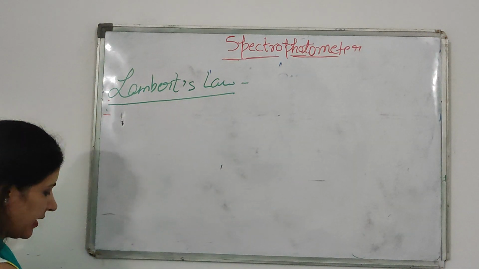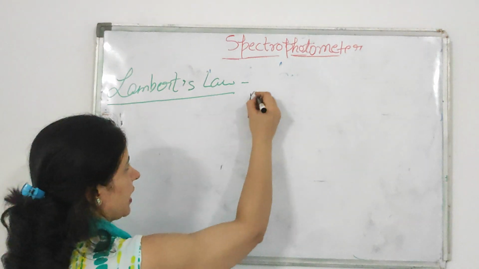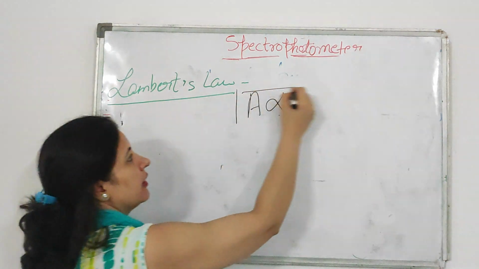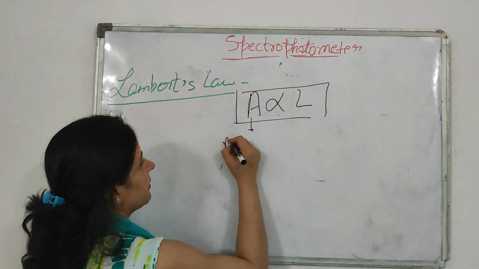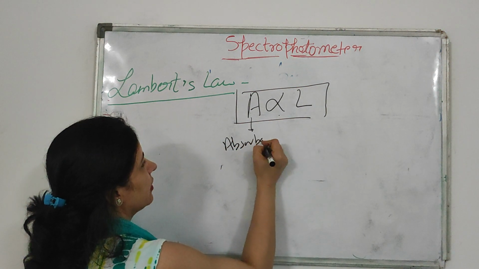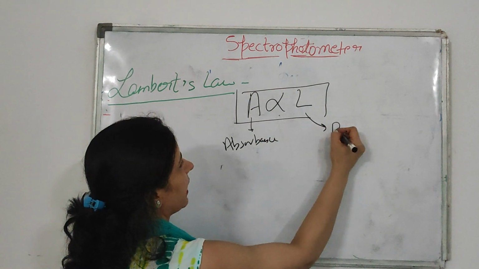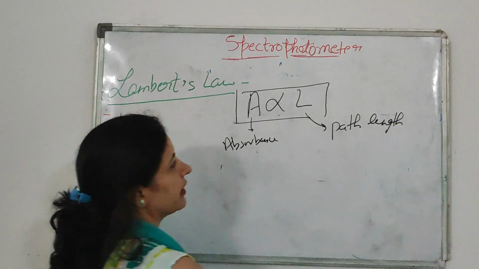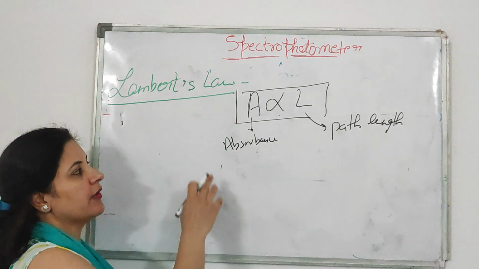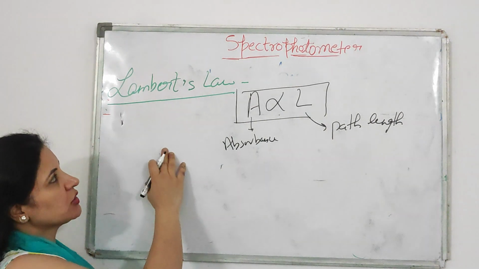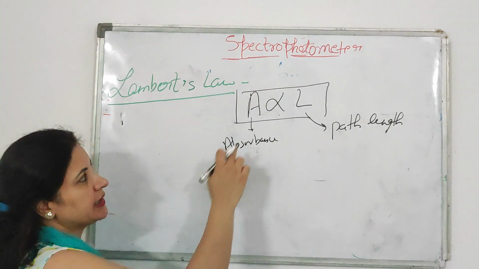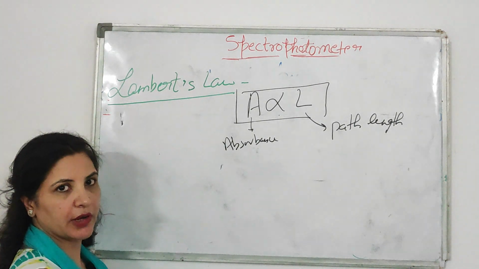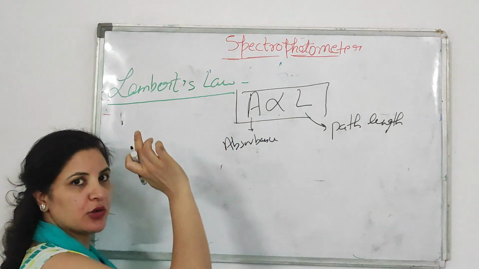Lambert's law says that A is directly proportional to L, where A is absorbance and L is the path length. If you want to write it in theoretical form, Lambert's law says that the absorbance is directly proportional to the path length of the light. That means A is directly proportional to L.